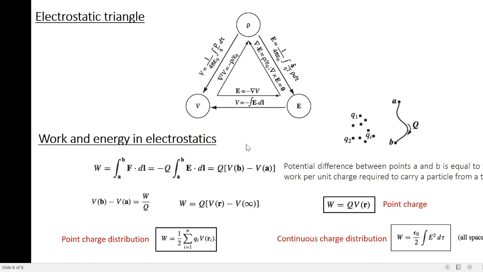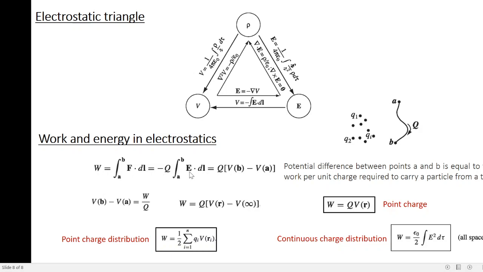Since you are moving from A to B, total work is the line integral A to B. Now force can be written in terms of the electric field as minus Q into E dot dl integral A to B. This minus sign is there just to indicate that you are doing work against the electric field.